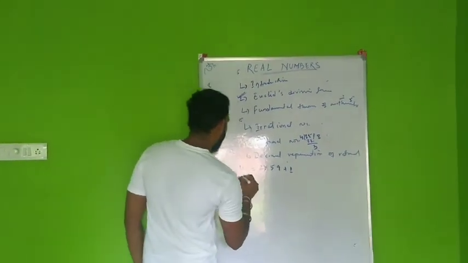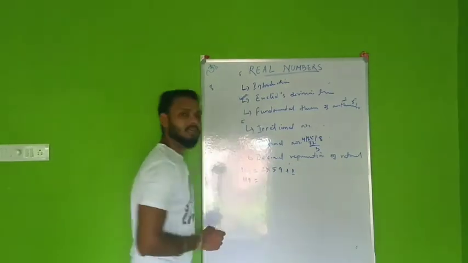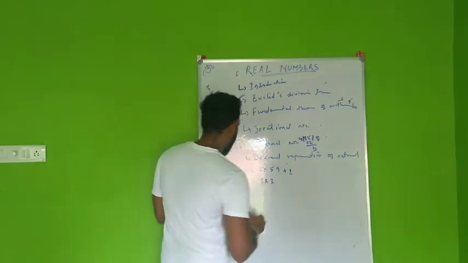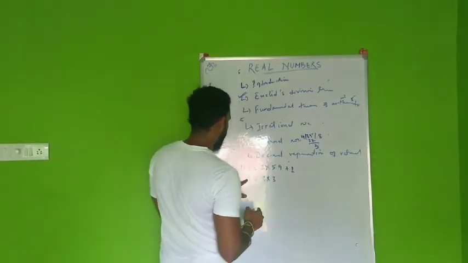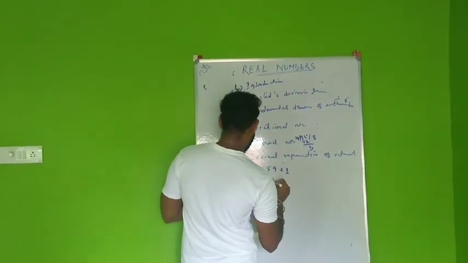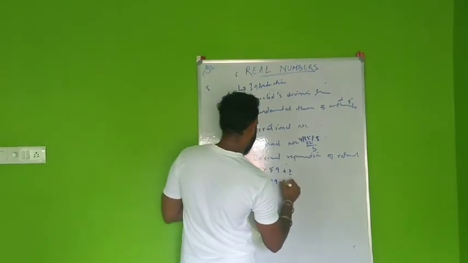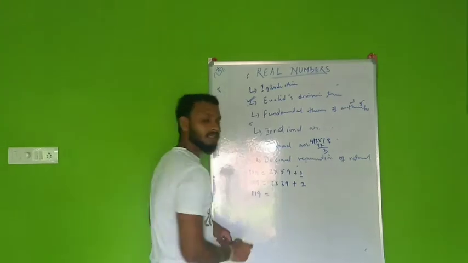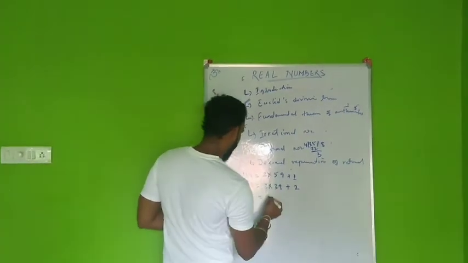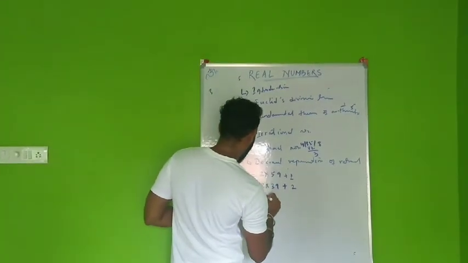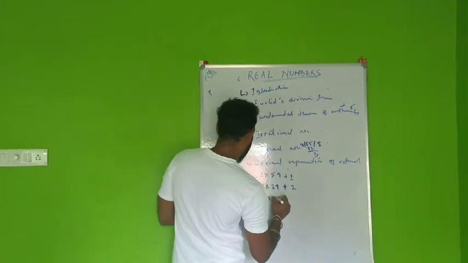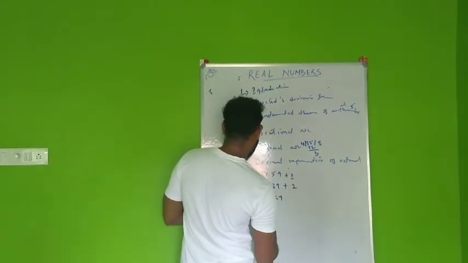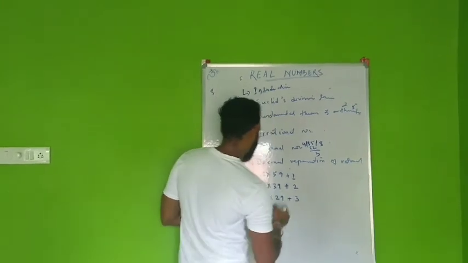Next, 119 can be written as 3 into something plus a remainder. Similarly, 119 can be written as 4 into something plus a remainder. Is that clear?